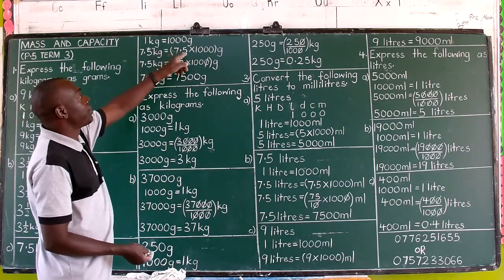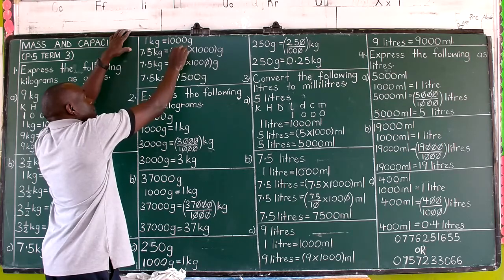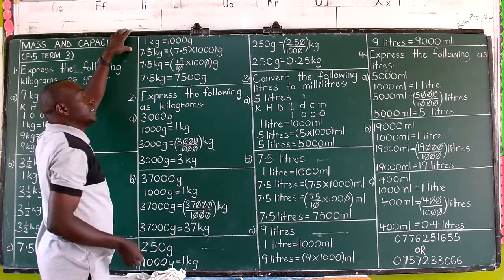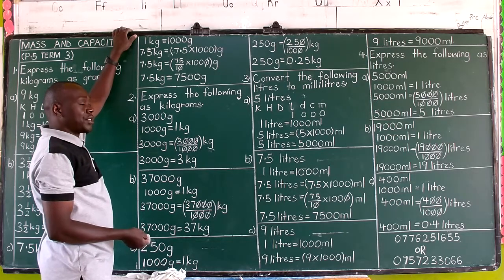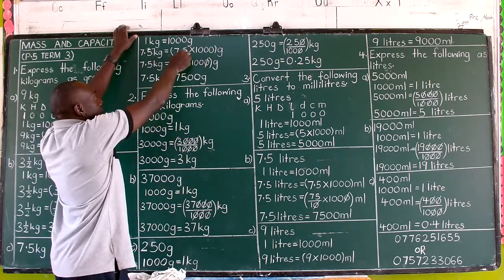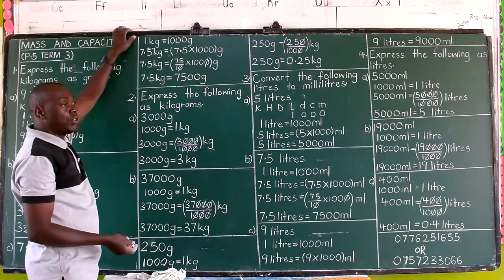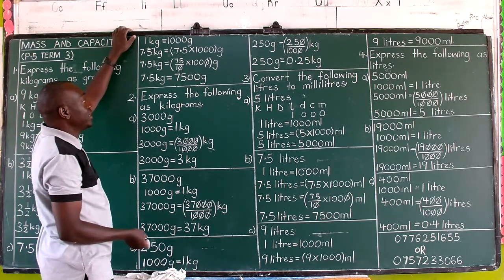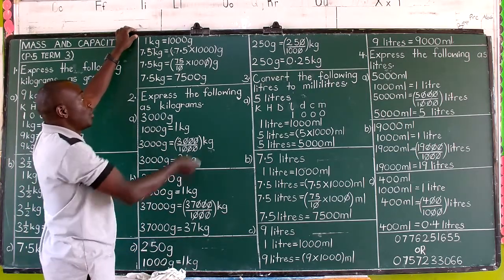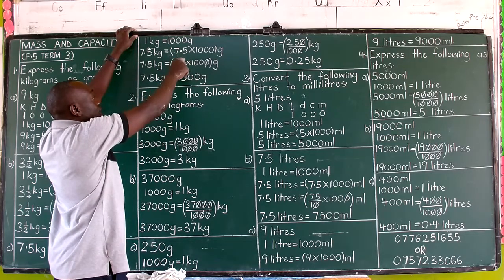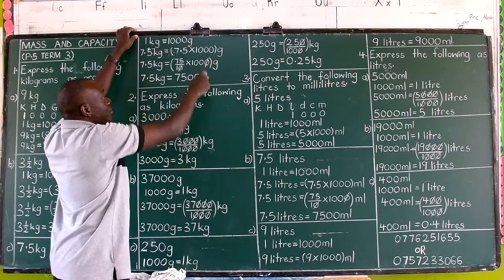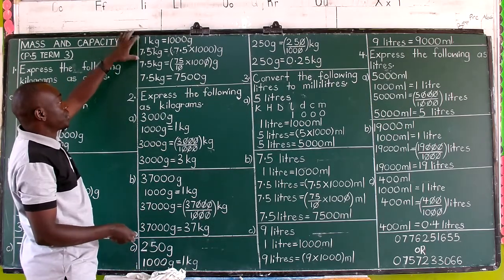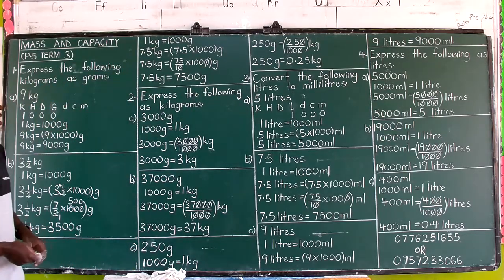Now you see 7.5, you see a point here, meaning we've got only 1 decimal place. 1 decimal place means we write this number out of 10, meaning out of 10 when we eliminate the decimal. So let's eliminate the decimal and get 75 out of 10, times 1,000 grams. That's the equivalent of 7.5 kilograms.